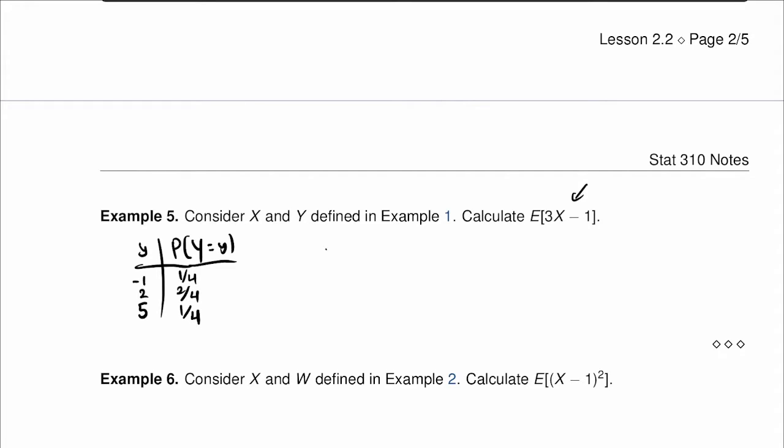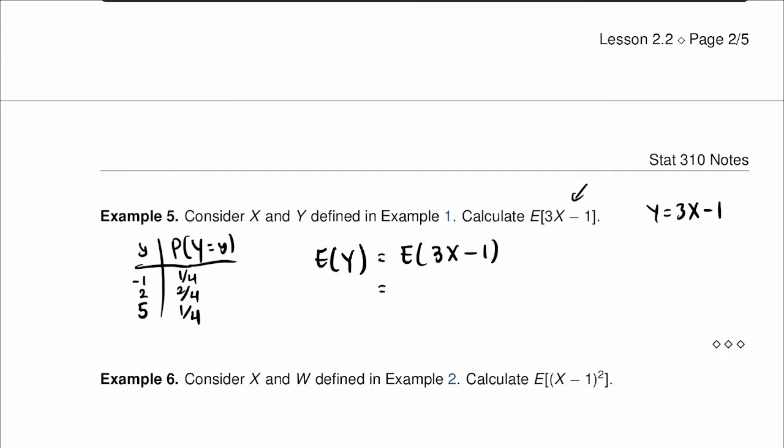So what is the expected value of Y? Well, it's going to be the expected value of 3X minus 1, because Y was defined as 3X minus 1.